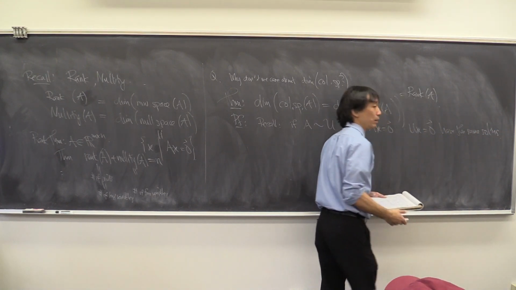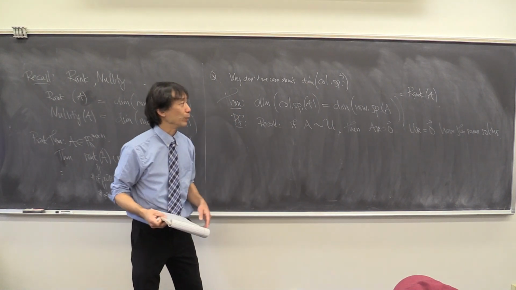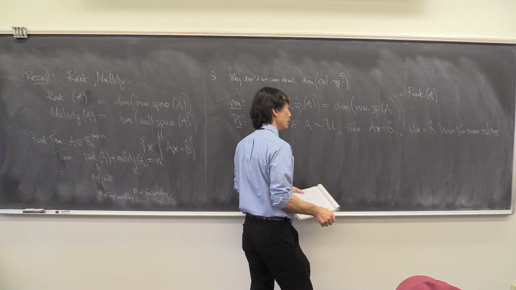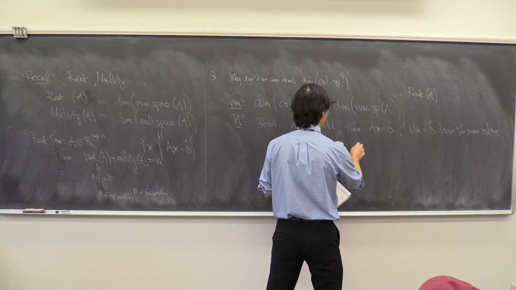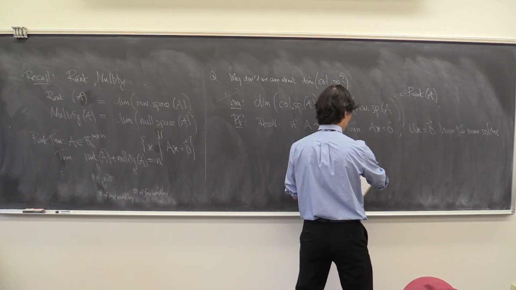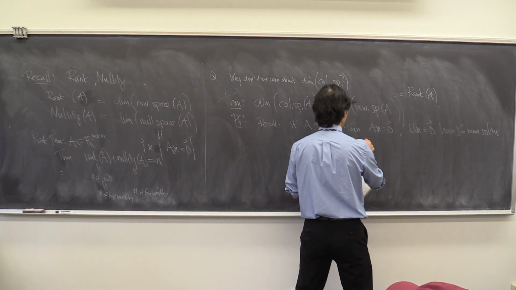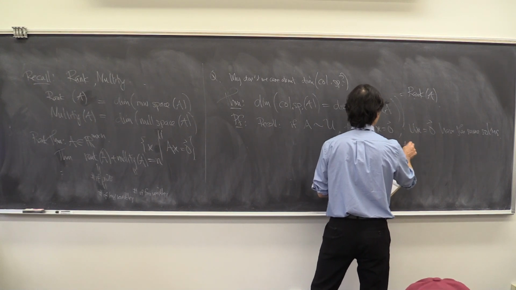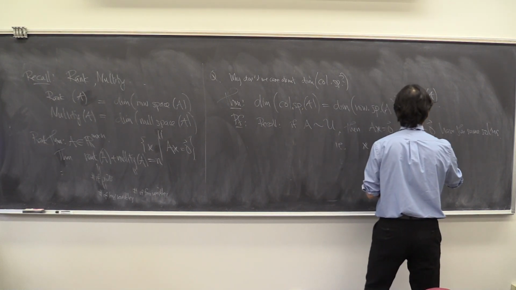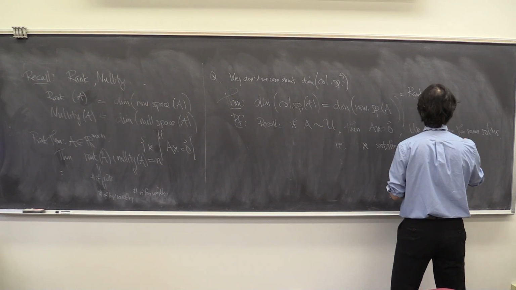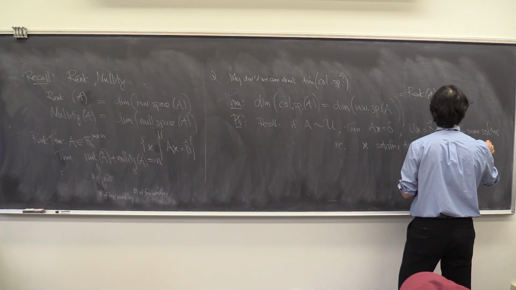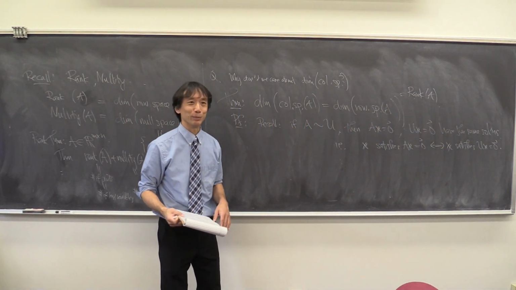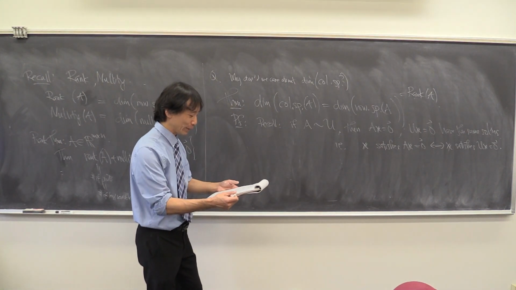The solution set doesn't change when you do elementary row operations. That's to say, the vector x satisfies the first if and only if x satisfies the second.